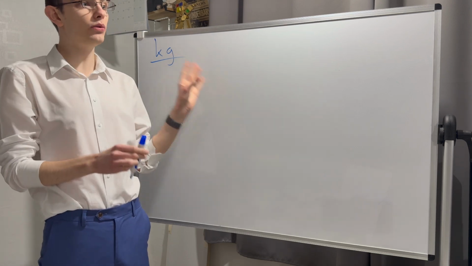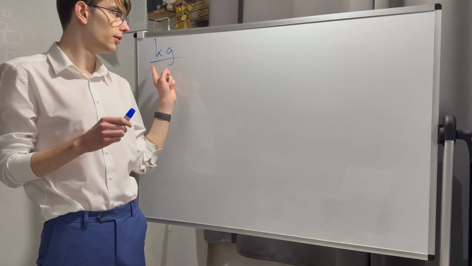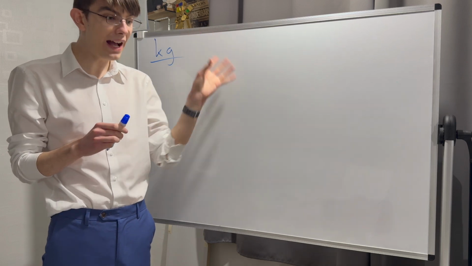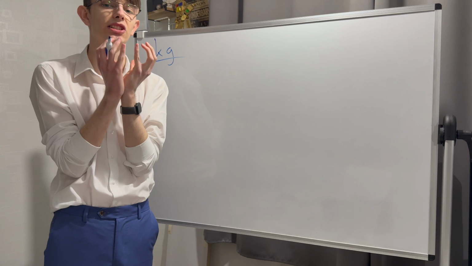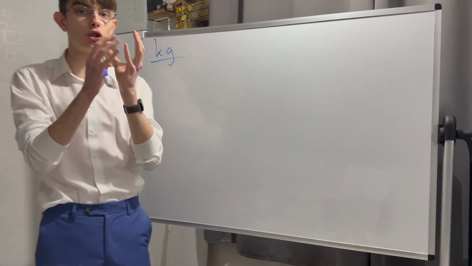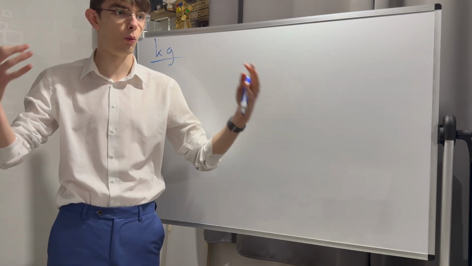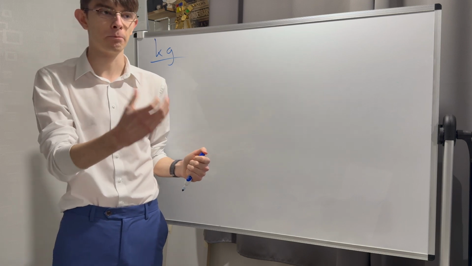But I wanted to use this as an opportunity to mention the difference between mass and weight. Mass is the amount of stuff an object has inside of it. The amount of kilograms an object has will not change. It will stay the same no matter where it is, no matter what it's doing. It will always have that mass.